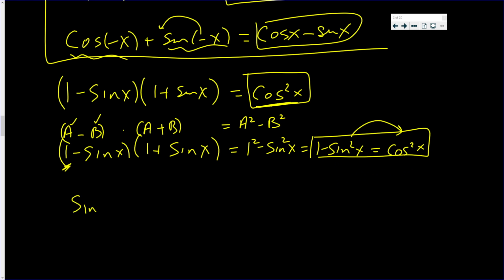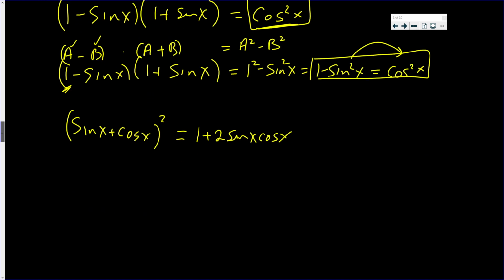Now, suppose you have sine x plus cosine x all squared, and you want to show that it's 1 plus 2 sine x cosine x. I really want to say that that's the hard-looking one.